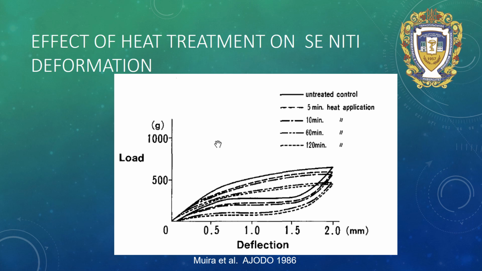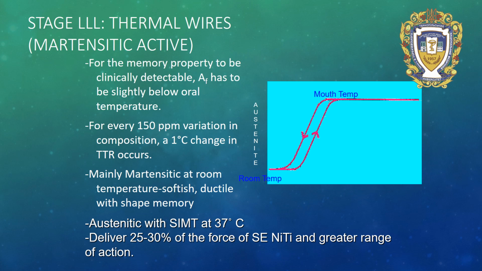Shown here is the effect of heat treatment on superelastic NiTi deformation. Thermal wires, martensitic active. For the memory property to be clinically detectable, the austenitic phase has to be slightly below oral temperature.